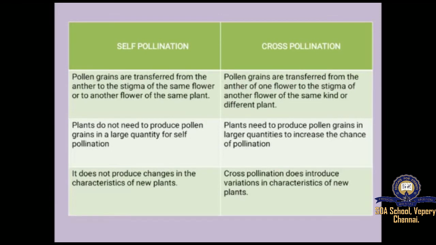Here is the difference between self-pollination and cross-pollination. In self-pollination, pollen grains are transferred from the anther to the stigma of the same flower or to another flower of the same plant. In cross-pollination, pollen grains are transferred from the anther of one flower to the stigma of another flower of the same kind or a different plant.